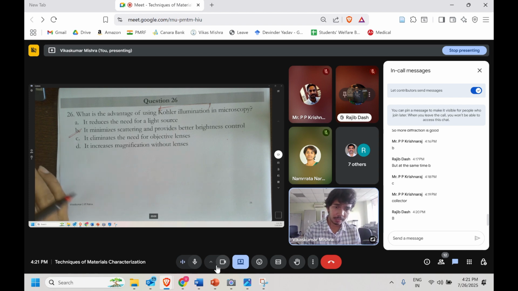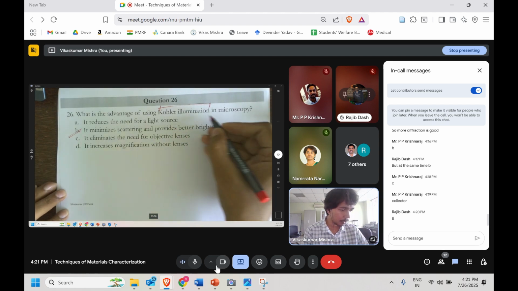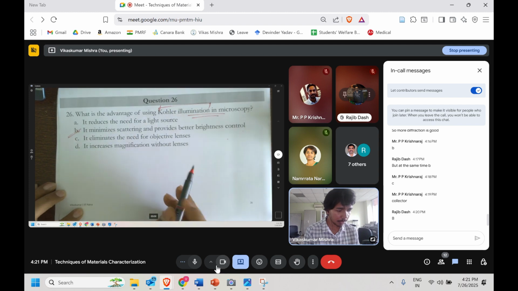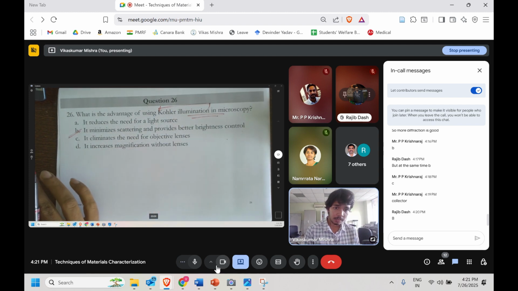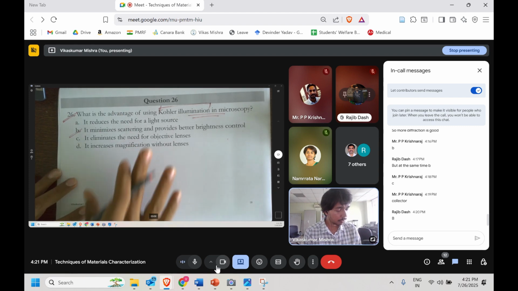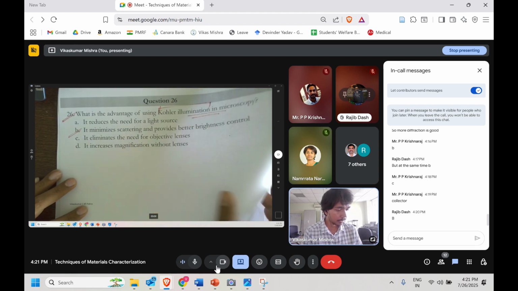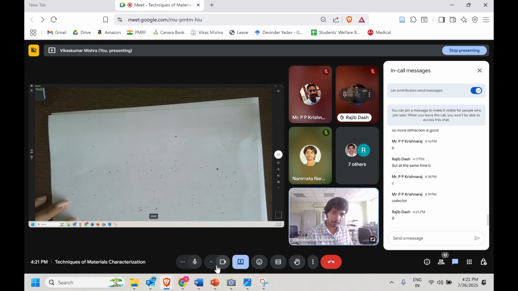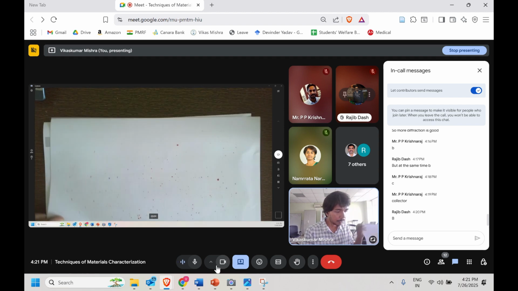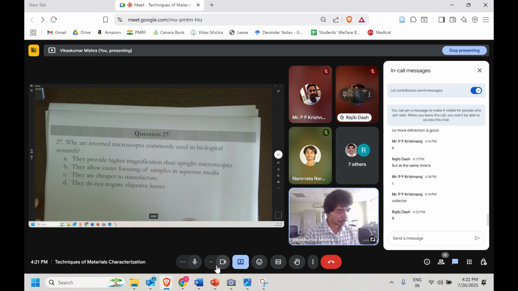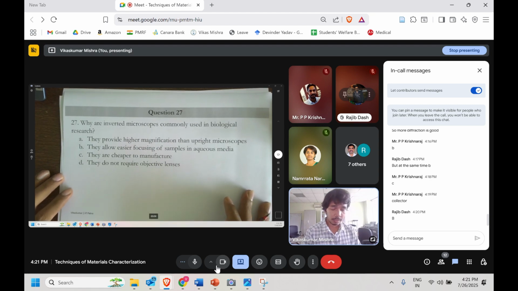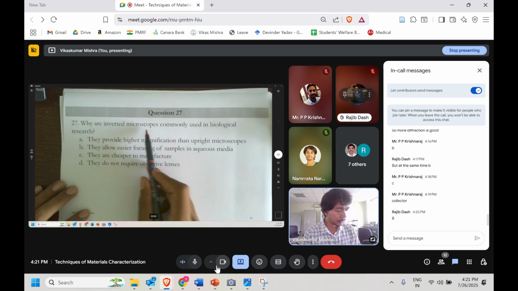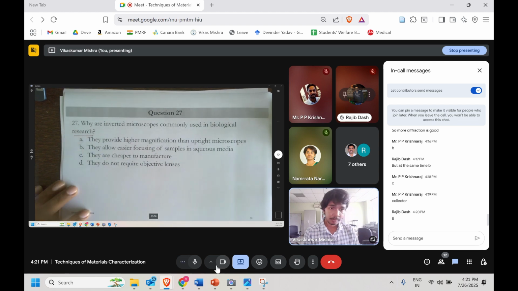But to report in the scientific community, I usually use this microscope because it provides one more handle to control the brightness. So question 26 is over. Any doubt, let me know. Let's move to question number 27. Why are inverted microscopes commonly used in biological research?